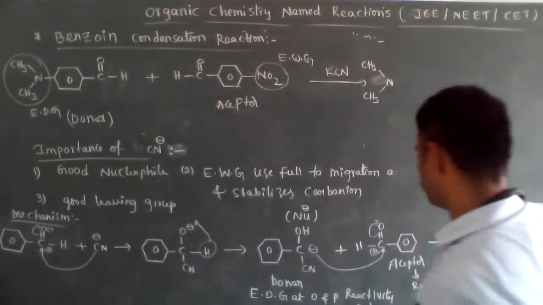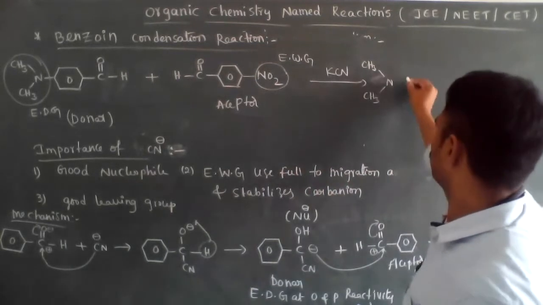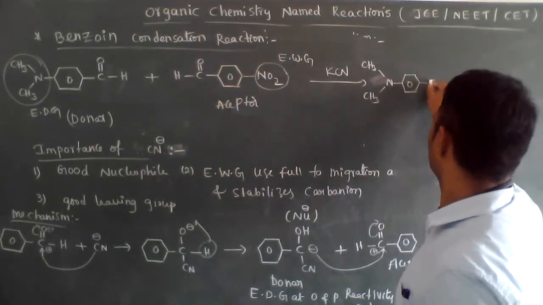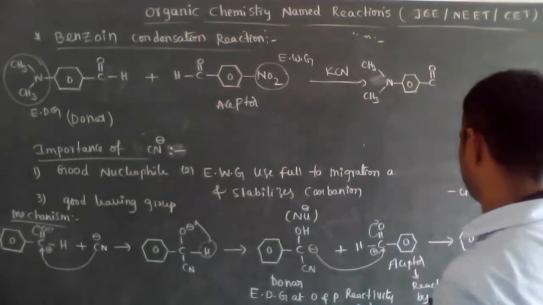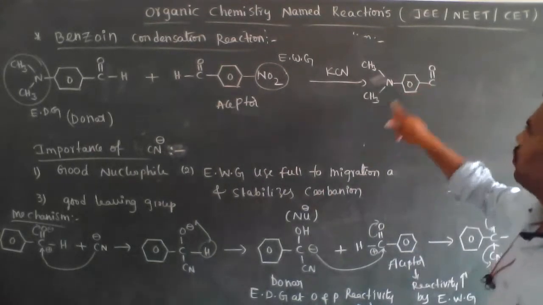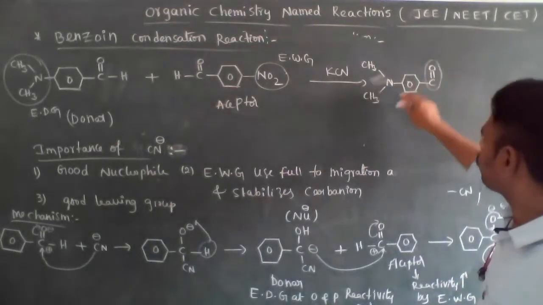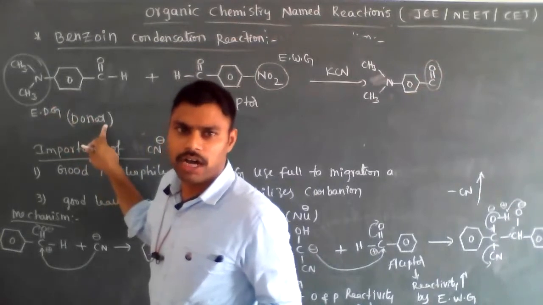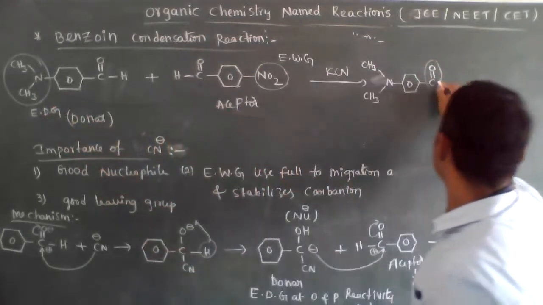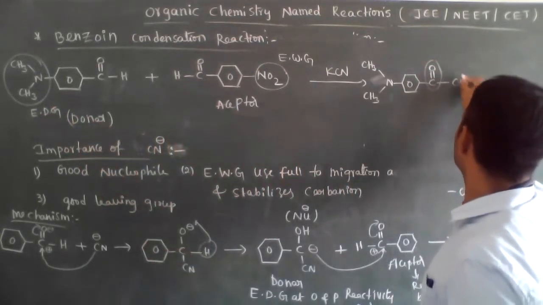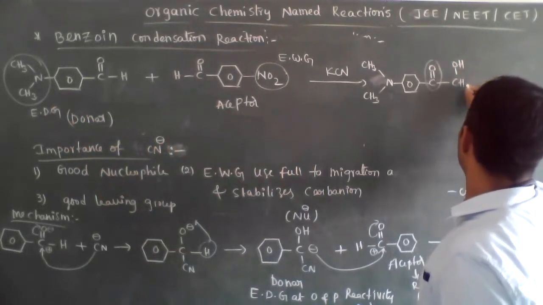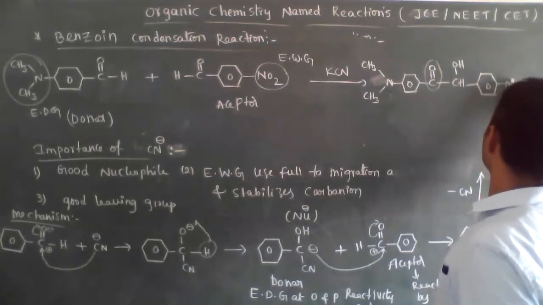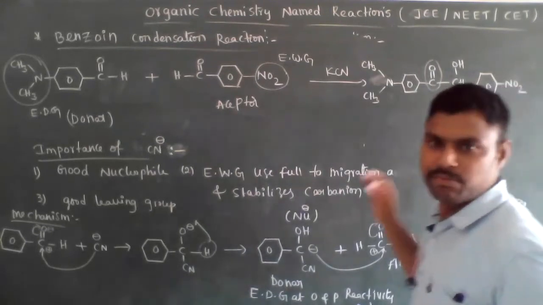The product is C double bond O, connected with the electron donating group or donor, then CH, OH, and the NO2 group. That is the importance of this reaction.